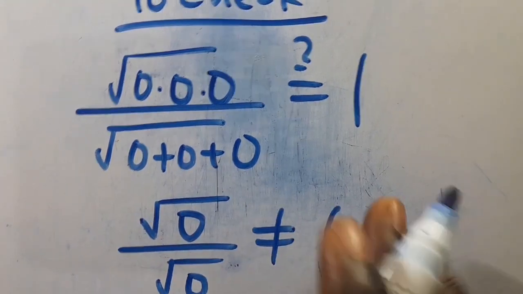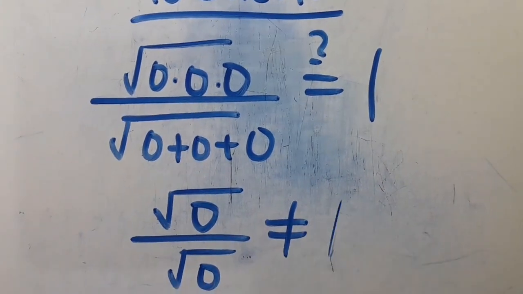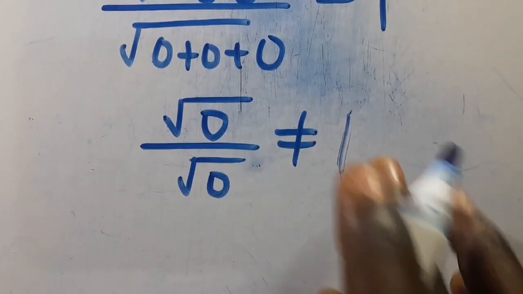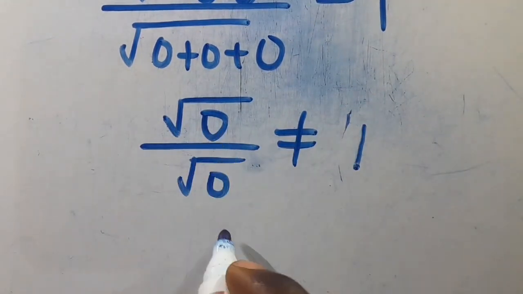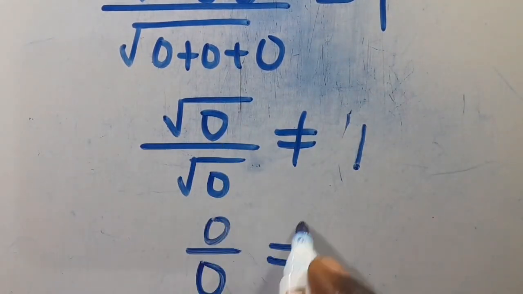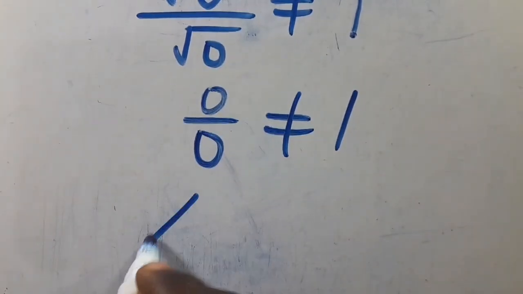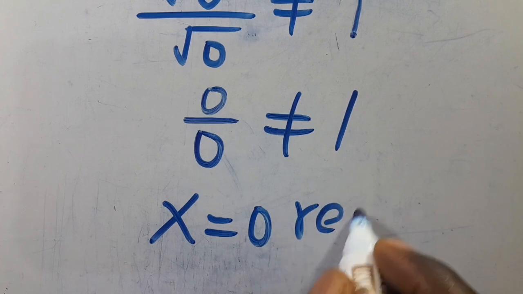This gives 0 divided by 0, which does not equal 1. So x equals 0 we reject.